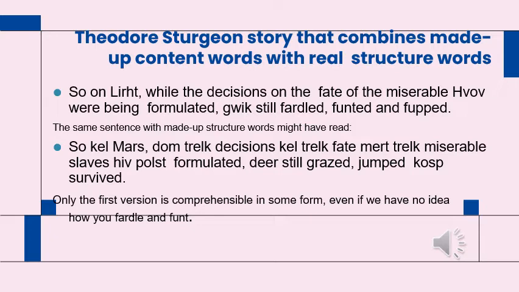If we notice, only the first version is comprehensible in some form, even if we have no idea what the made-up words mean. So this shows that content words have meanings that can be looked up in a dictionary, and they number in many thousands.